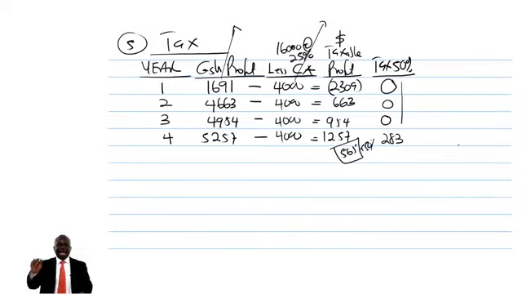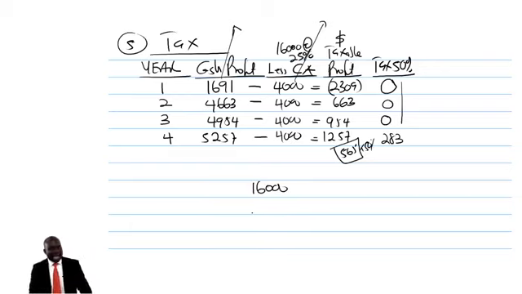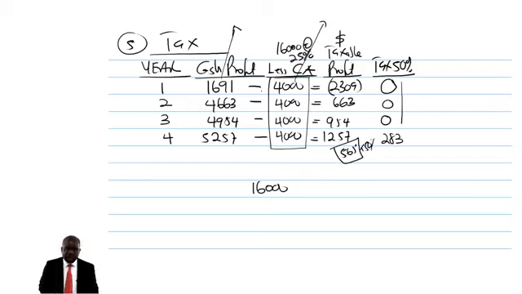We had an asset with a total cost of 16,000, and that asset is fully eligible for capital allowance. Every year, we charge capital allowance of 4,000. So for the 4 years, the total capital allowance is also 16,000. So what is the tax written down value of that asset?